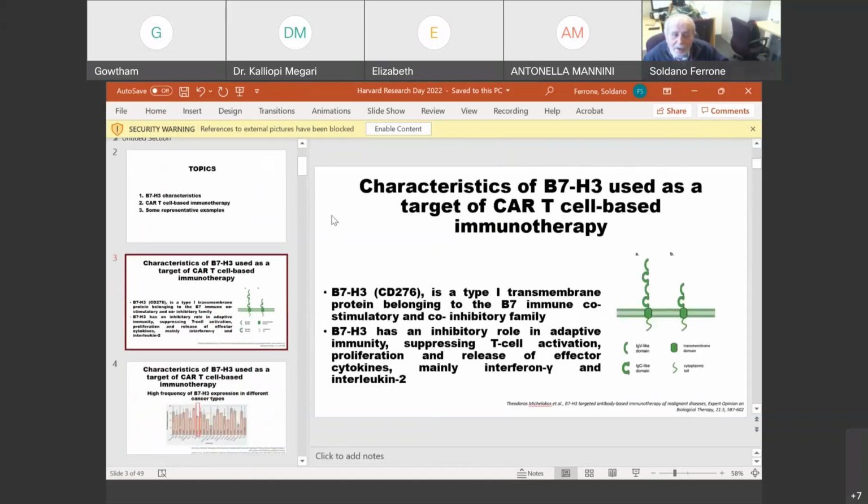Now, what is the tumor antigen that we use as a target? It's B7H3, which is a type 1 transmembrane protein belonging to the B7 immune costimulatory and co-inhibitory family. There are two isoforms of B7H3 which are expressed on the membrane of malignant cells, and this is the structure of the two isoforms.